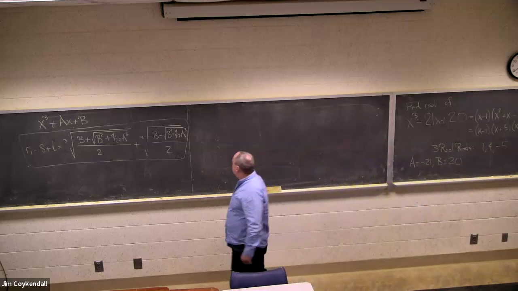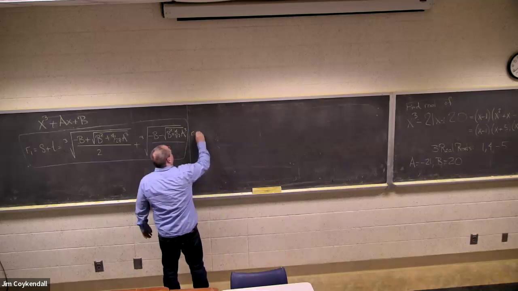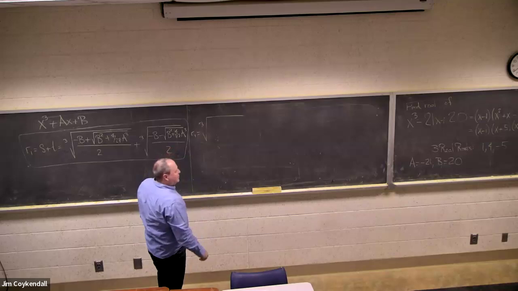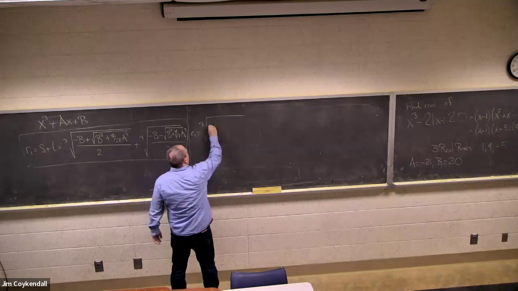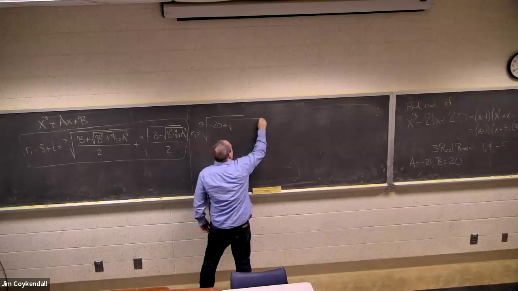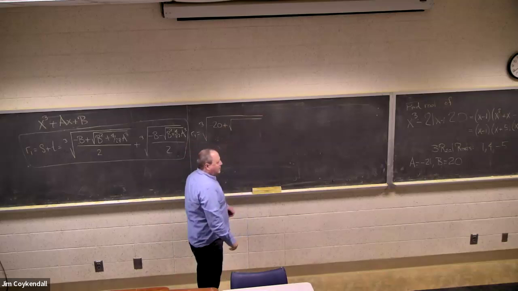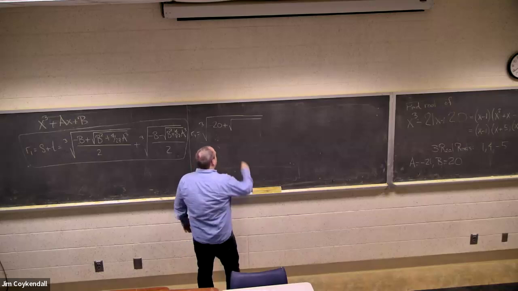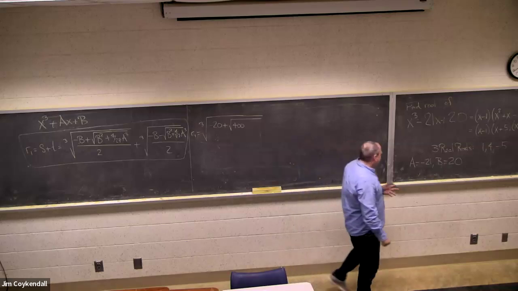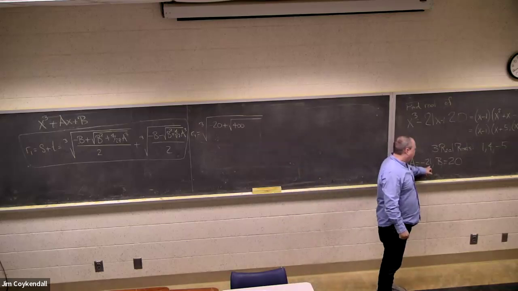So the cube root, okay, so that's going to be -20 plus the square root of 20 squared, and then I've got to cube that and multiply by 4 over 27.